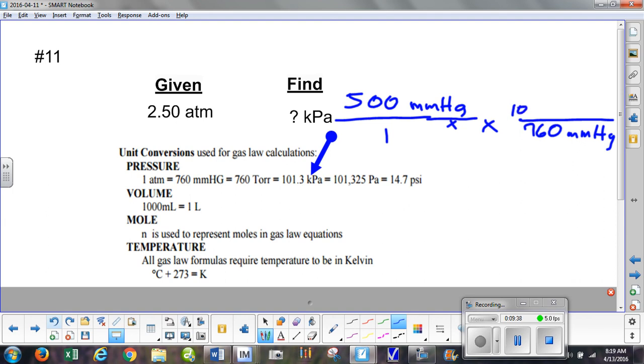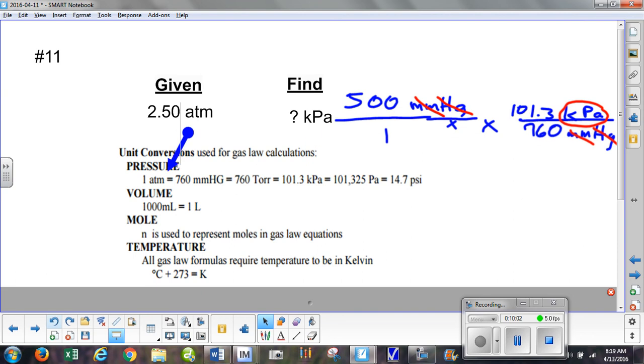So we got 101.3 kPa on the top. And that then would cancel out millimeters of mercury and millimeters of mercury. And the only unit of measure that we'd have left at the end would be kPa, if we had that kind of problem. In this guy, we have atmospheres, and we're trying to go to kPa.